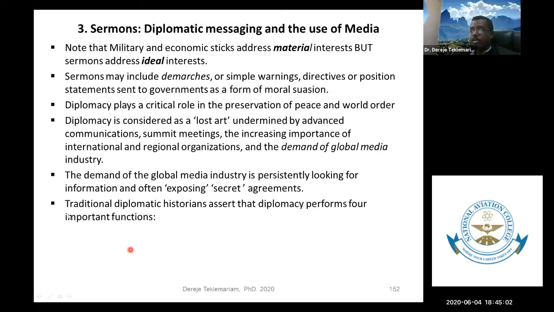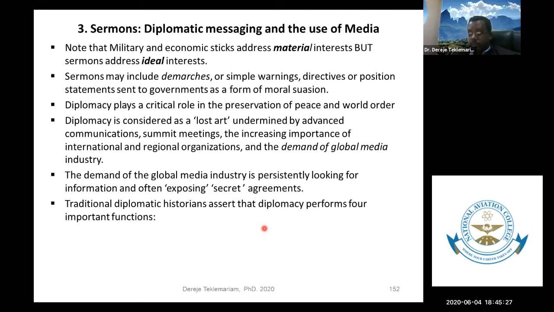So, if this diplomacy was not called a lost art, then what was the original mission of the diplomatic task? According to traditional diplomatic historians, diplomacy normally performs four important functions.